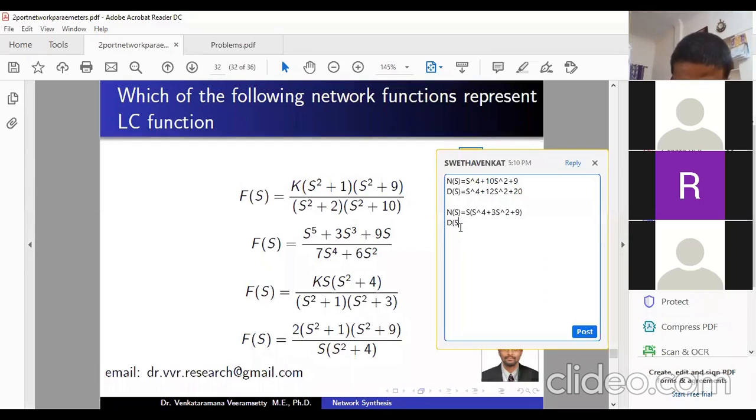F of s equal to 7 into s square. So if you take s square outside, then we have 7 into s square plus 6, right?